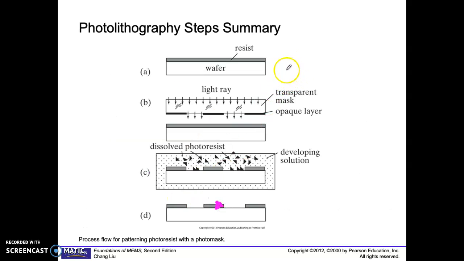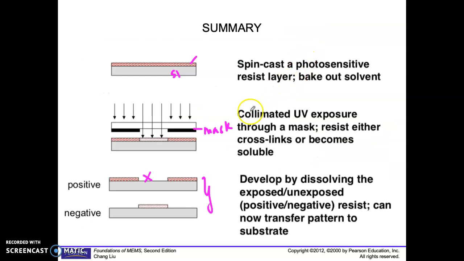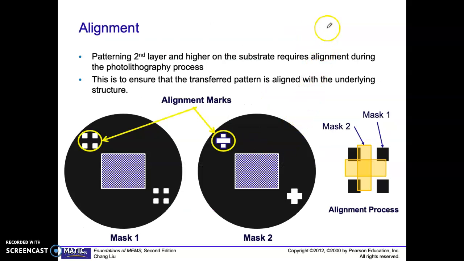Okay, and then this is another definition. If you have multiple layers, the example just now was only one layer. Let's say you have a different mask: with the first one you etch one part, and with the other you etch another part. So there will be two layers of mask. In order to have two layers of mask, alignment is very important.